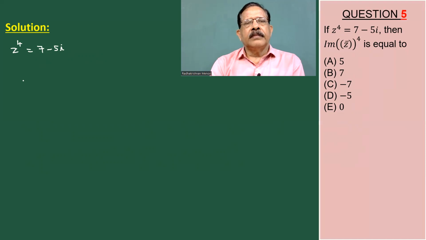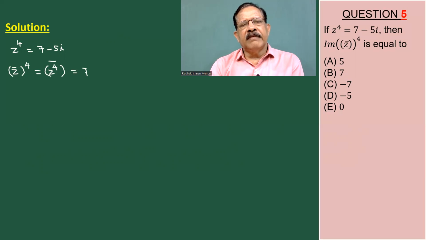Now, z bar raised to 4 is the same as z raised to 4 whole bar, which is equal to 7 plus 5i. That is the conjugate of z.